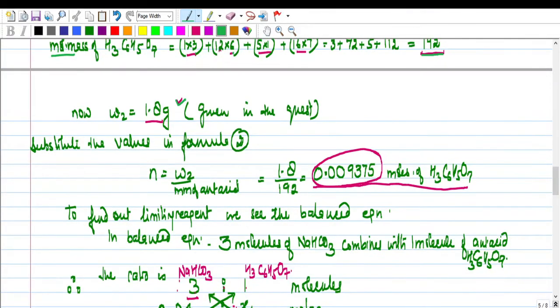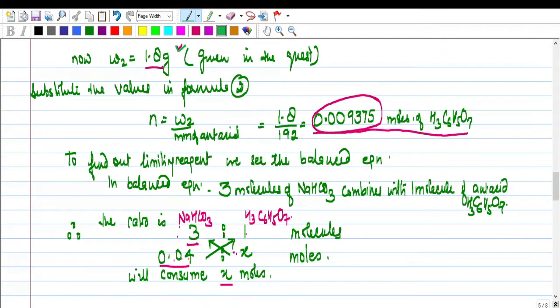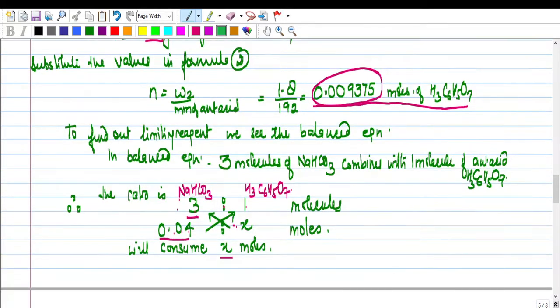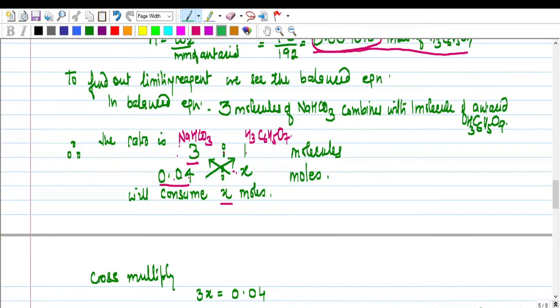Now how do we know that it is a limiting reagent? To calculate whether it is limiting reagent or not, we find out through the molecule and moles ratio. So 3 molecules of sodium bicarbonate and 1 molecule of H3C6H5O7 or citric acid. Now we have calculated sodium bicarbonate has 0.04 moles.